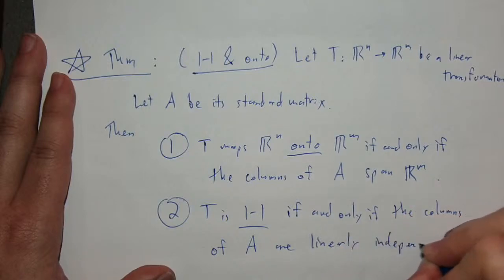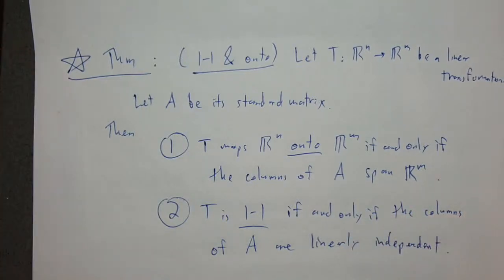And now we see how we have given ourselves a criterion that allows us to tell whether or not a given linear transformation is 1-to-1 or onto directly from the matrix for the transformation.